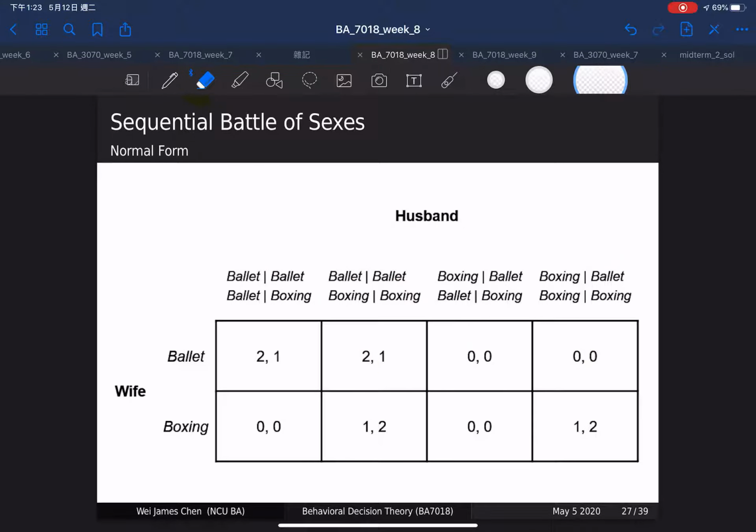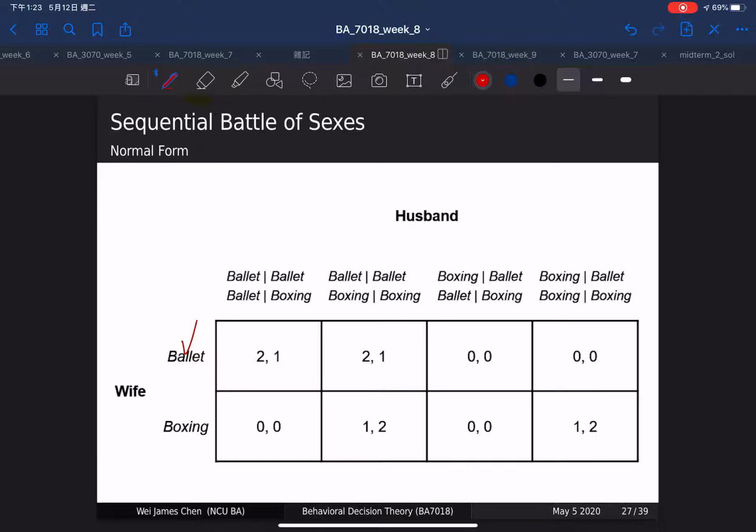The other method, the underline method, goes like this. I underline the best possible response, basically. Given that the wife is going to ballet, what is the husband's best response?